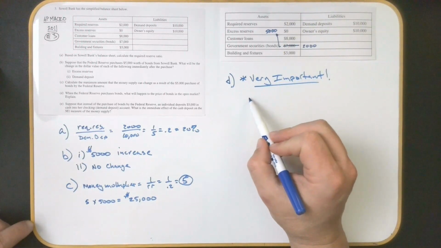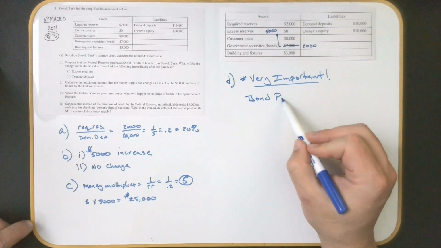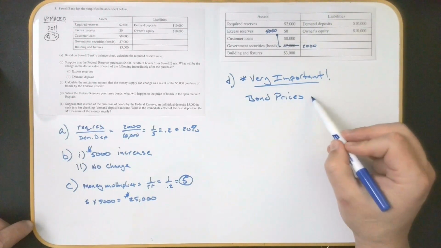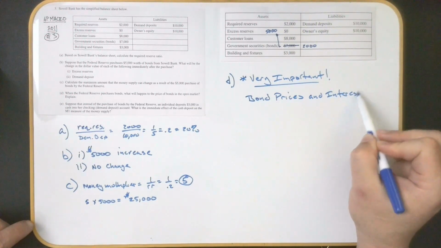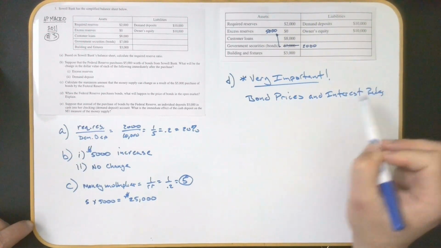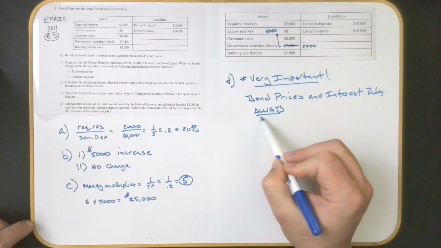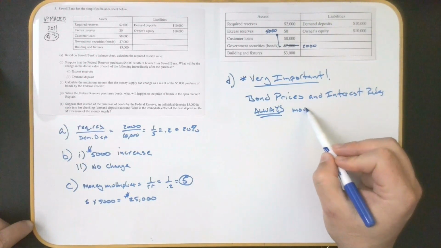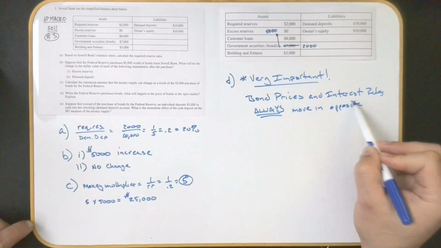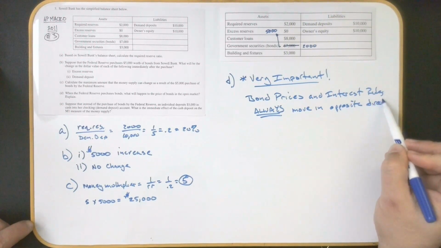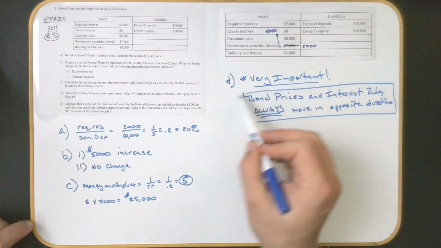But when it comes to bond prices versus interest rate, bond prices and interest rates always move in opposite directions. Okay? Super important that you get that.